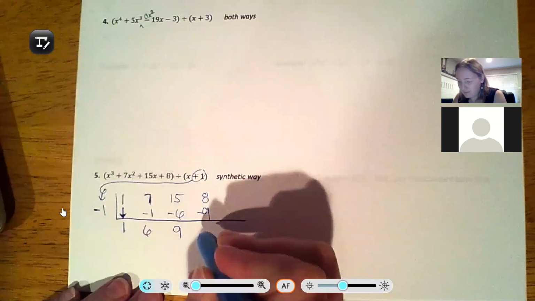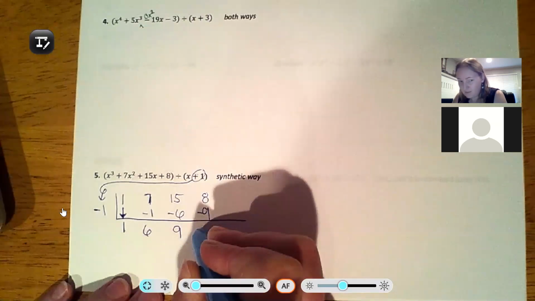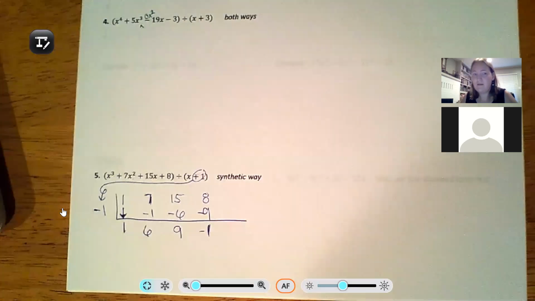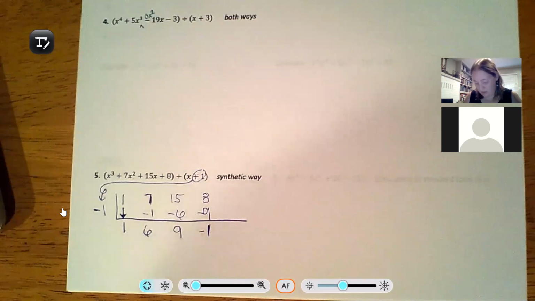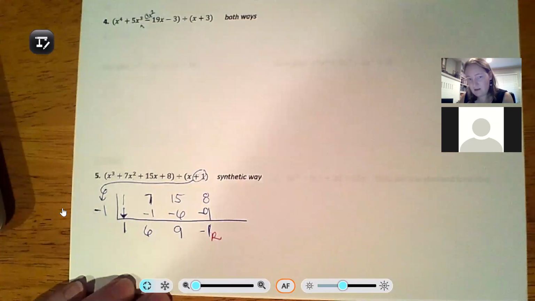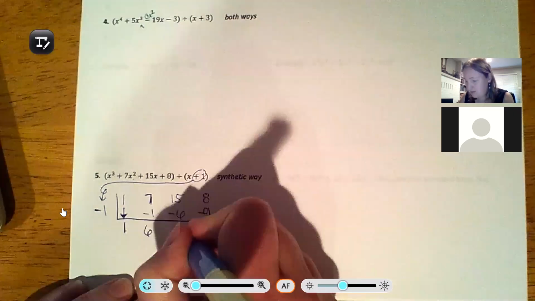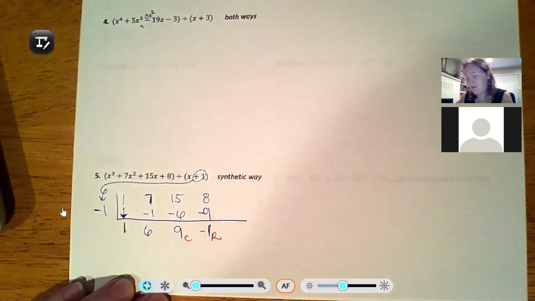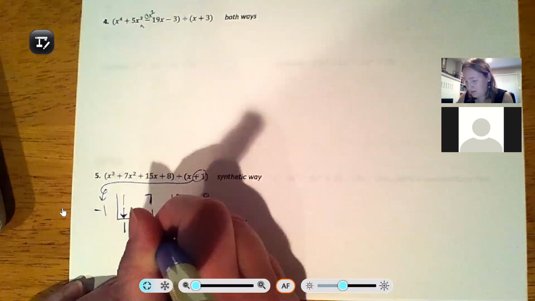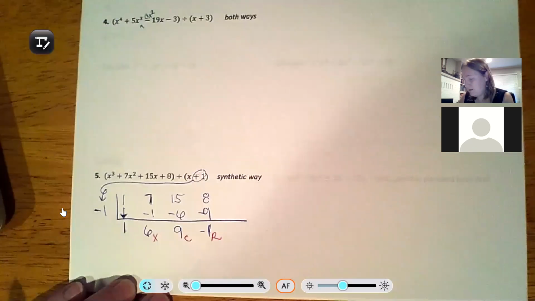Which would then leave us with -1. Yep. And then automatically that makes the -1 a remainder. And the 9 is our constant. And then 6 would be x to the first. And then 1 would be x to the second.